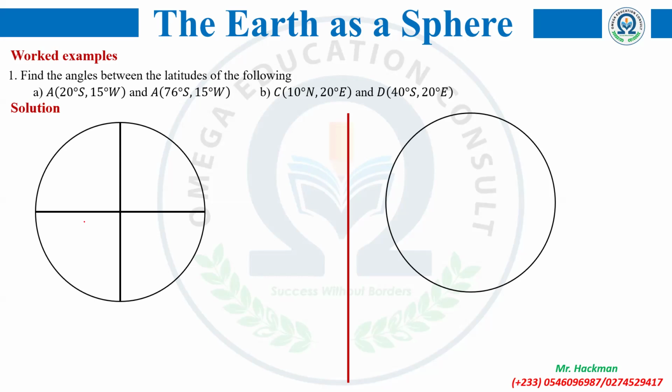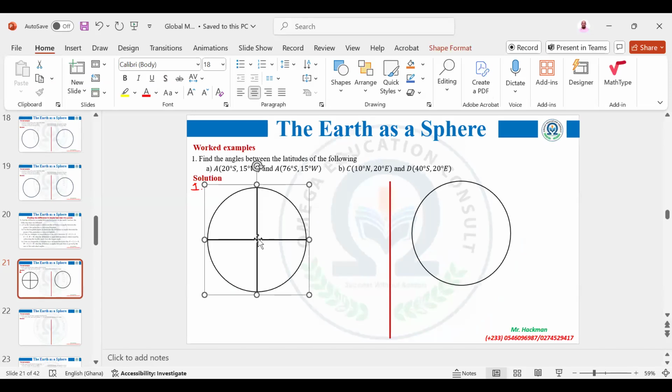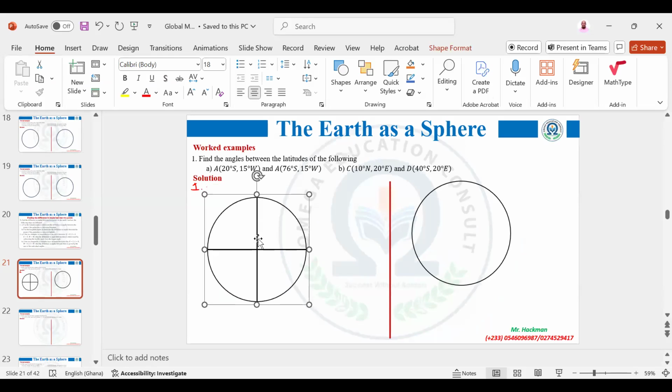So this is it. Okay, so this time round, I have drawn my X and Y. I don't want us to waste time drawing it as we did, but you are supposed to draw. So let's see. Find the angle between the latitudes of the following. So let's see. So solution, question 1. You extract what you are given. Let me bring this one down a little.